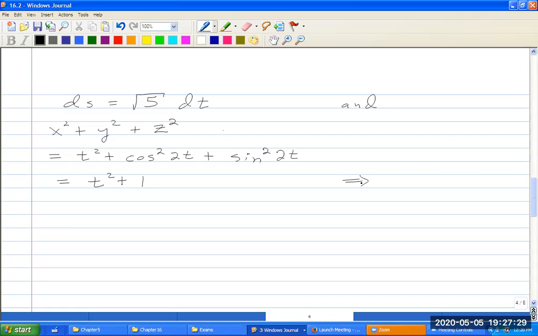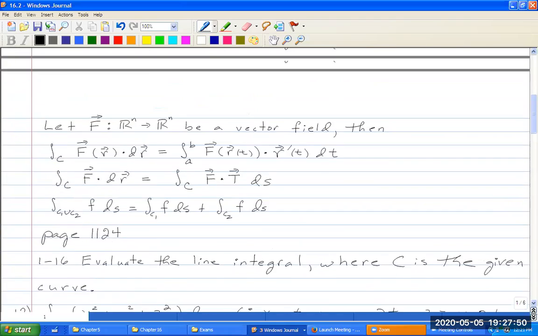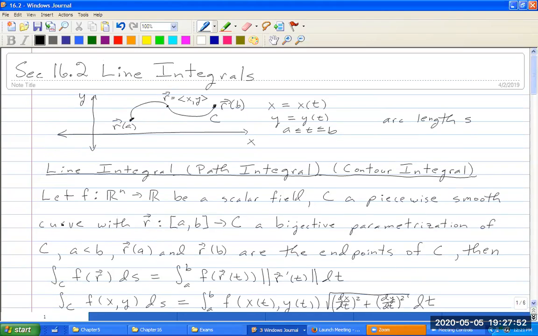So now, let's do this. So the integral over the curve C. Now, even though we call it a line integral, we're usually not integrating over a line like we did in Calculus 1.